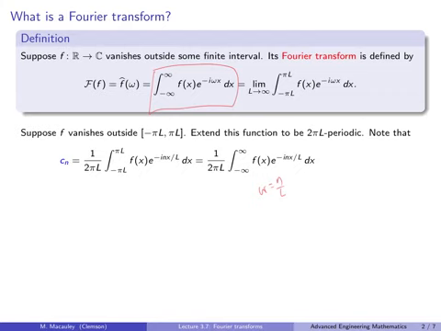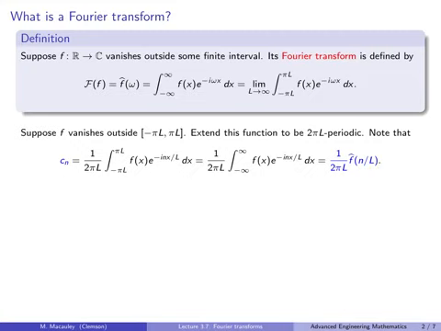In other words, this integral is equal to 1 over 2 pi L times the Fourier transform of the function f, where omega equals n over L. So what we've done is take this function that vanishes outside of some finite interval, and said, if we actually make this function periodic, then the Fourier coefficient Cn is 1 over 2 pi L times the Fourier transform of that function at n over L.